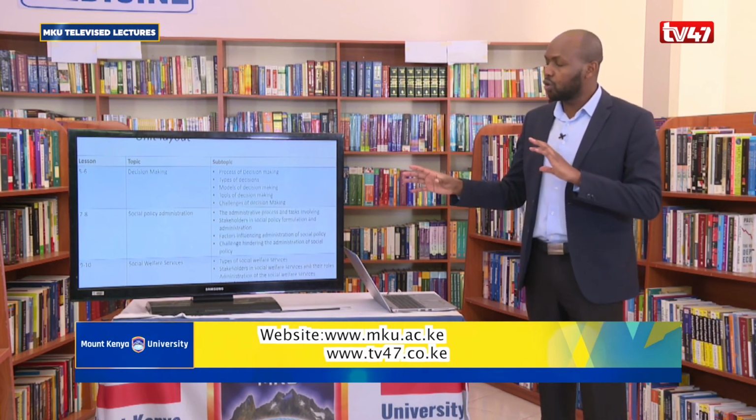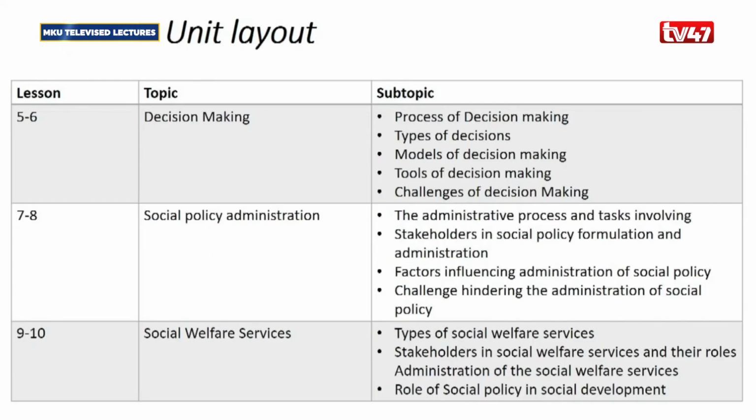The kind of stakeholders you have in the process of coming up with the social policy will also be affected by the nature of the social policy, the focus of that social policy and its scope. If you're coming up with a policy that only focuses on one region, say maybe only one county, then the stakeholders involved will be mostly constricted within that specific county.